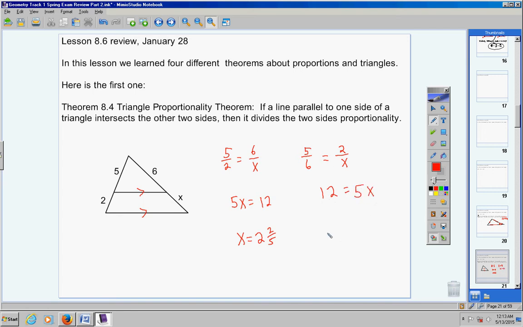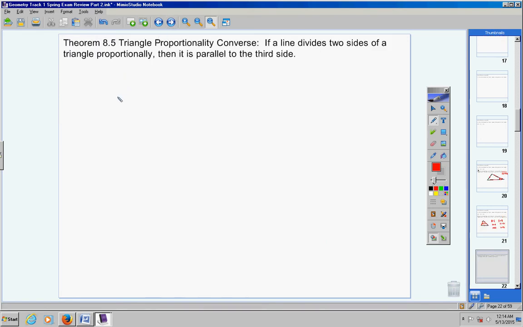Divide both sides by 5, and you will get 2 and 2/5, or 2.4. Alright? So, anytime you have a triangle, there's a line drawn that intersects two sides, and it's parallel to the third side, then these two segments here are proportional to these two segments over here. Moving on. Now, theorem 8.5, the triangle proportionality converse.